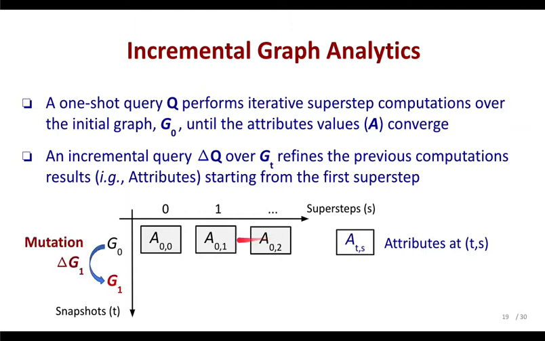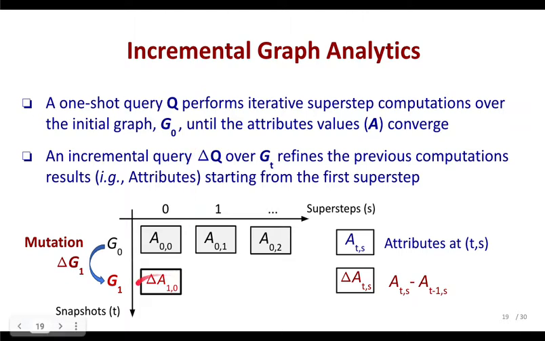Now, given the graph mutation delta G1 and the changes against the previous attribute values, an incremental query delta Q refines the previous results starting from the first superstep until no changes are discovered. Here, the incremental computations are performed only when the final results can possibly change.